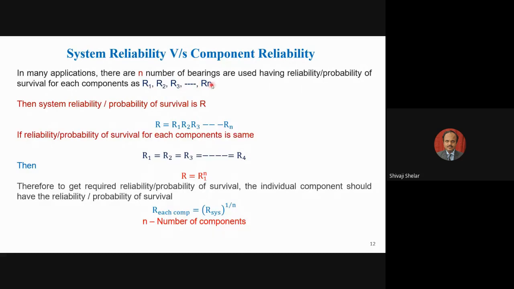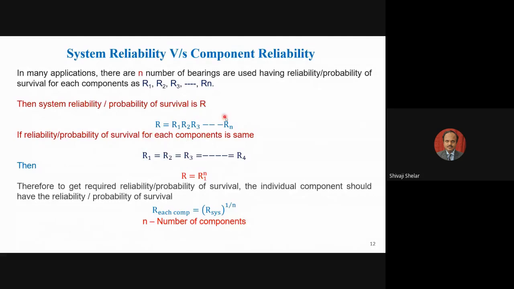The system reliability or probability of survival is just the product of all these values. This is a probability approach. So the system reliability R will be a product of R1, R2, R3, up to Rn.